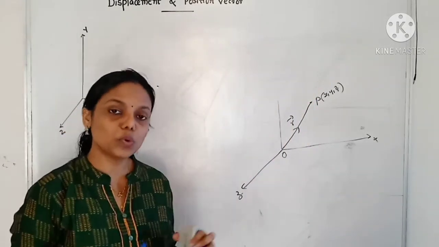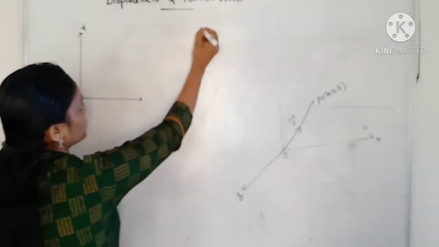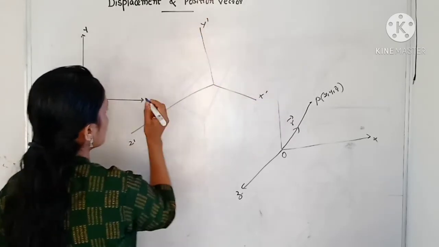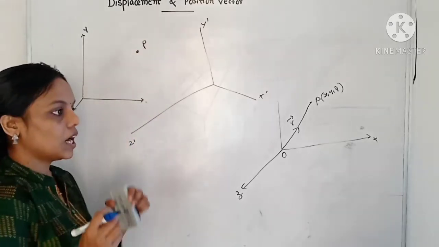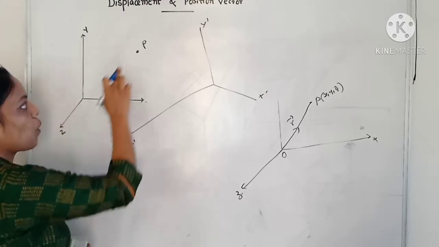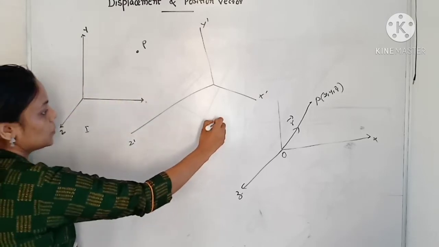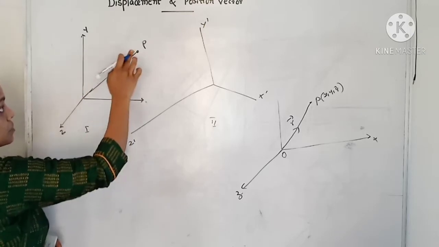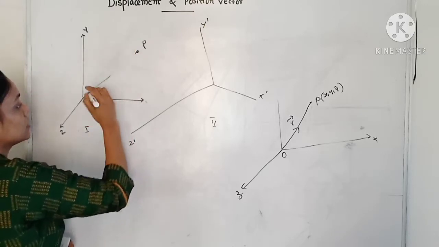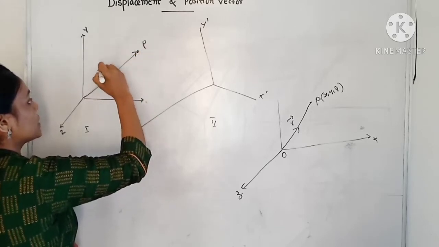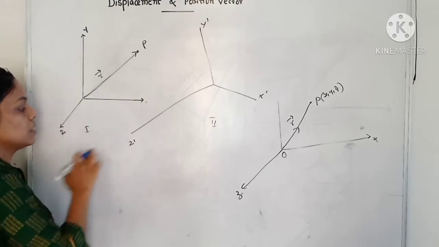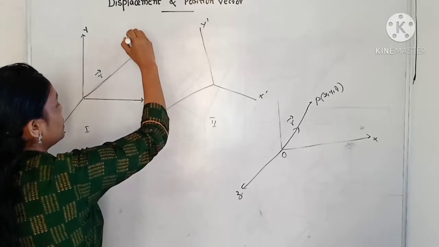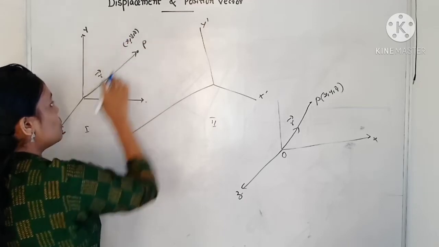Let us consider two coordinate systems. Here we have a coordinate system x dash, y dash and z dash, and here is the point P. The position vector of P from the first coordinate system, let us take it as r, is equal to x, y and z from this coordinate system.